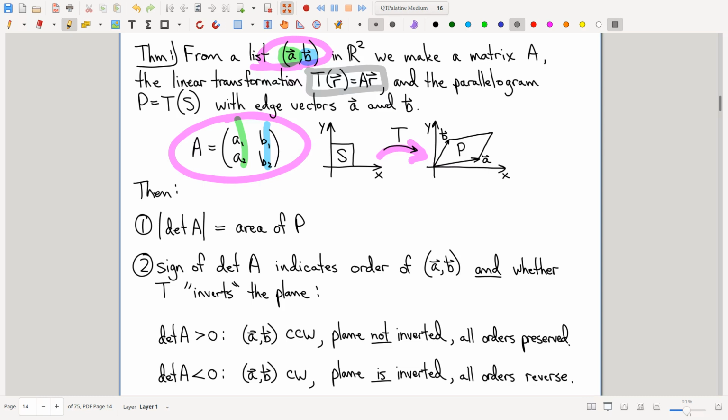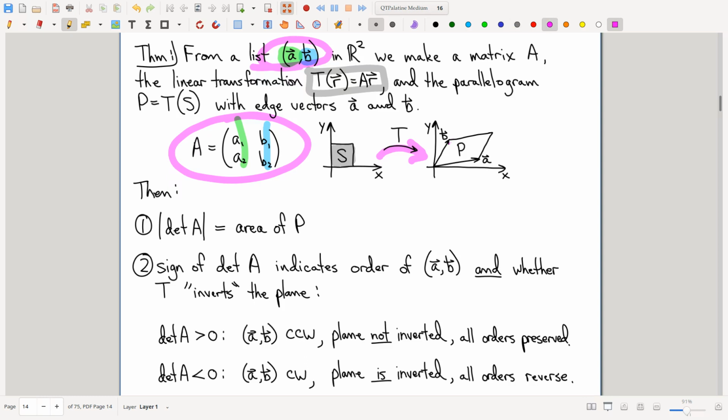I'm just saying, if you give me a list, notice there is a corresponding matrix, there is a corresponding linear transformation. And then, by the way, I can also say, as a default standard, let's always look at the unit square, and I can always ask, which I do, what do you get out from this linear transformation when you plug in all the points of the unit square? And appeal to your previous experience with linear transformations.